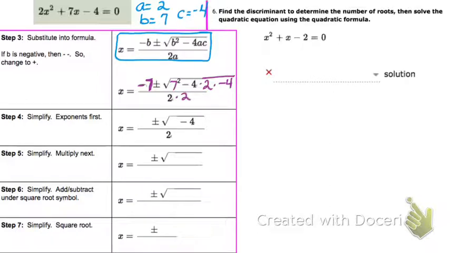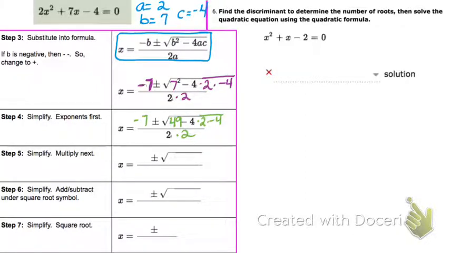Now I'm going to start simplifying this. I'm going to do my exponents first, so everything stays the same, but instead of 7 squared, I'm going to write 49. Everything else stayed the same.